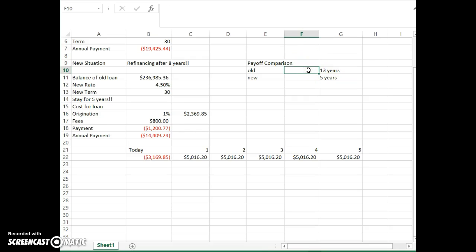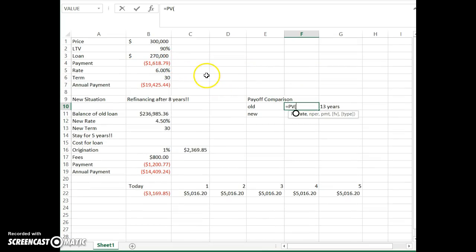And to do this, we do the present value function. We take the old rate, divide that by 12. And we're going to do open parentheses 30 minus 13, close parentheses, multiply that by 12, close parentheses, and the payment is going to be that, close parentheses.